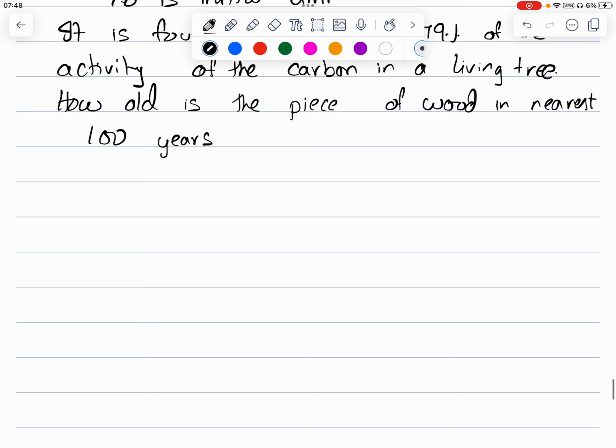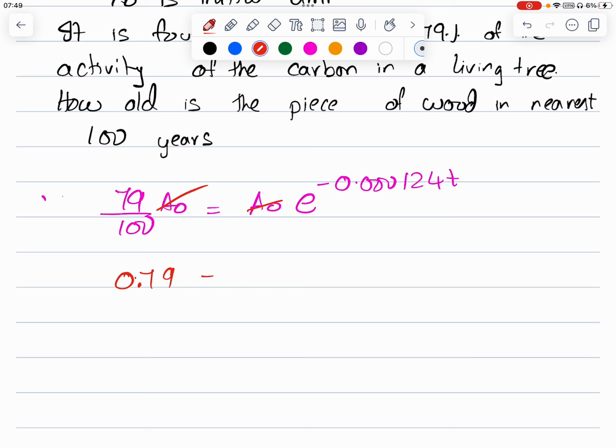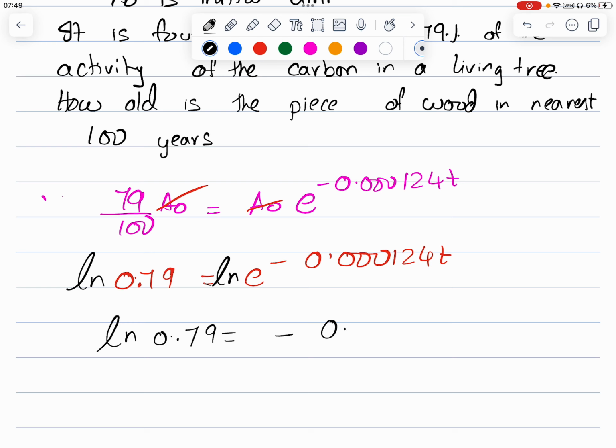So it is 79%. 79% of A naught equals A naught times e power minus 0.000124 t. So what happens? A naught and A naught get cancelled. 0.79 equals e power minus 0.000124 t. So applying ln on both sides, ln 0.79 equals minus 0.000124 t.